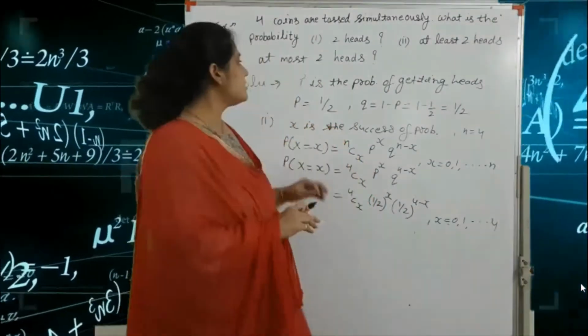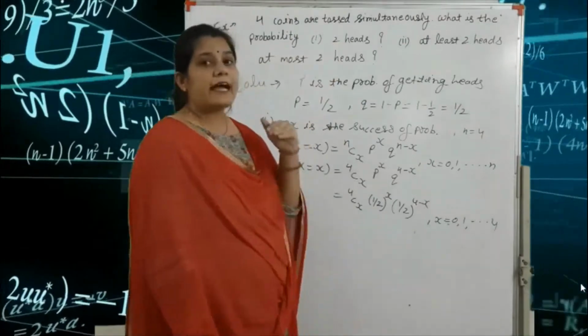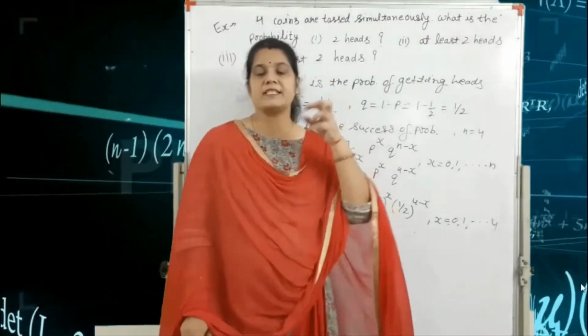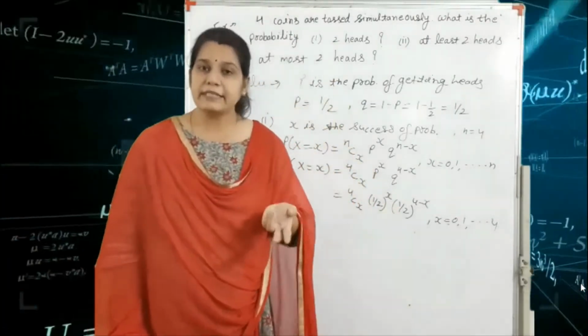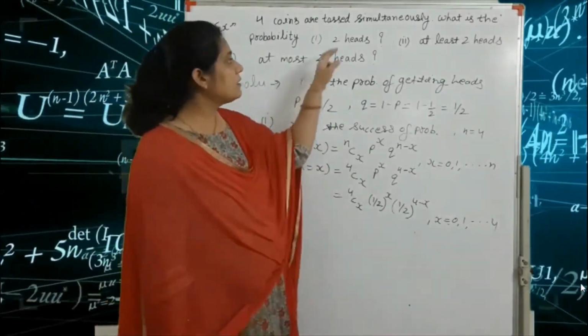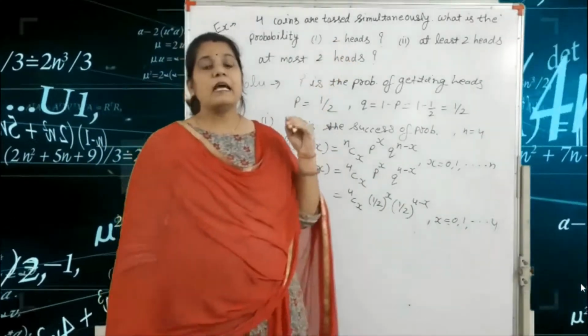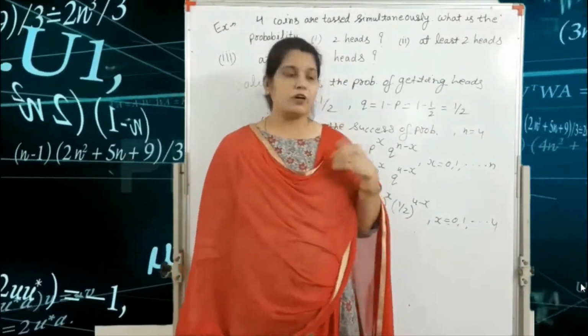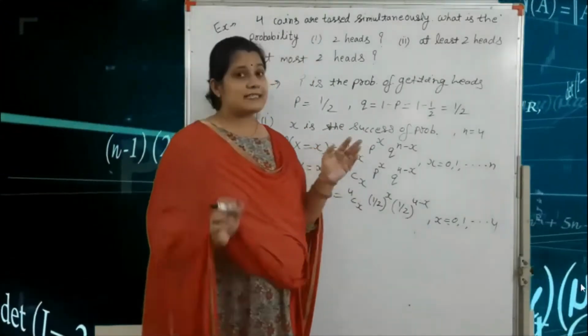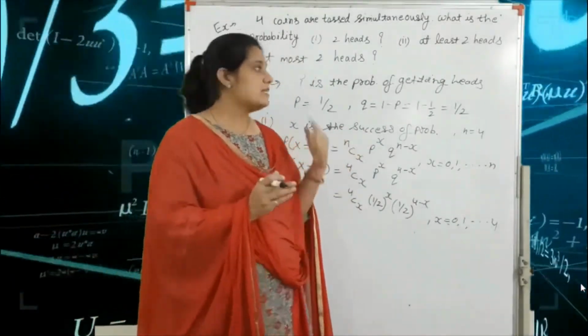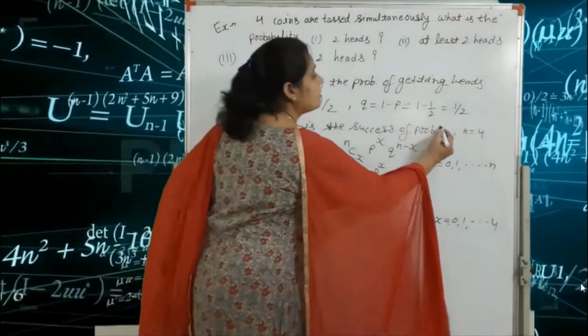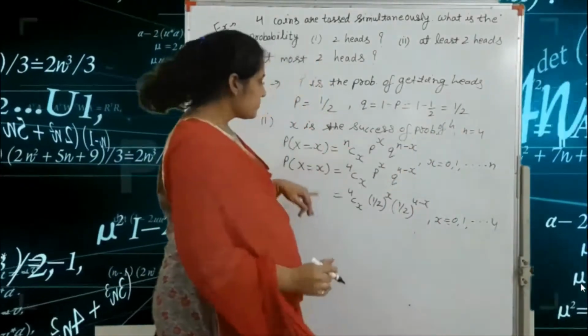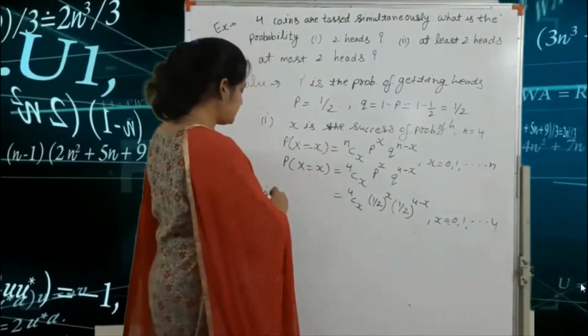So first we find exactly two heads. That means if 4 coins are tossed simultaneously, we find the probability of getting exactly two heads, where x is the number of successes, that is, heads.